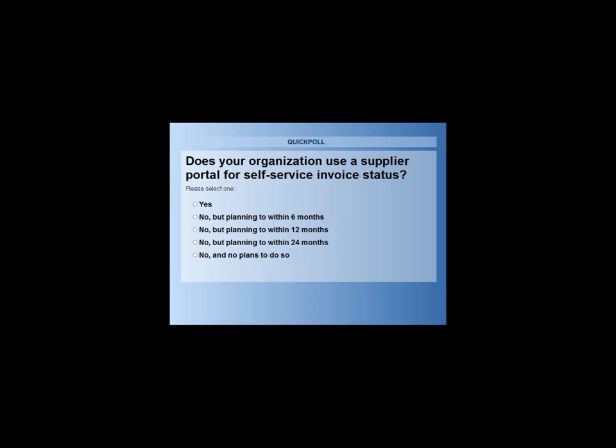Take a moment to respond to the poll question now displayed on your screen, and we'll talk about the results in just a moment. Just one more second. And we'll go ahead and share the results.